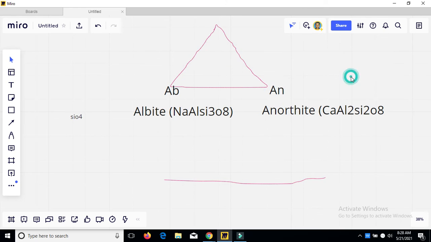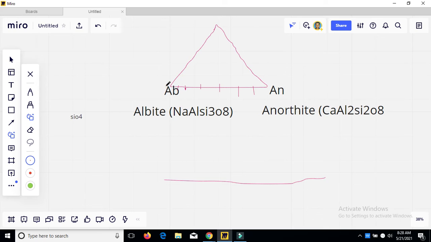Now you see here albite will be 100. Here anorthite will be 100. Now suppose this is 10, 30, 50, 70, 90.